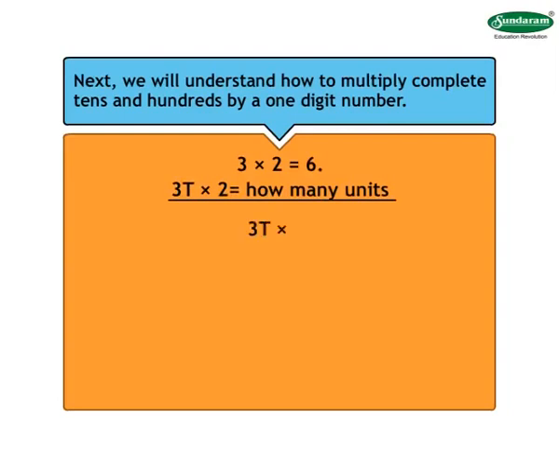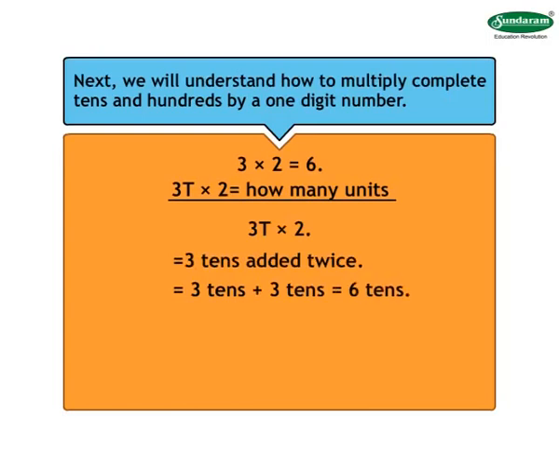Now, 3 tens into 2 means 3 tens added twice, which means 3 tens plus 3 tens is equal to 6 tens. And 6 tens is equal to 60 units. Thus, 3 tens into 2 is equal to 6 tens is equal to 60 units.